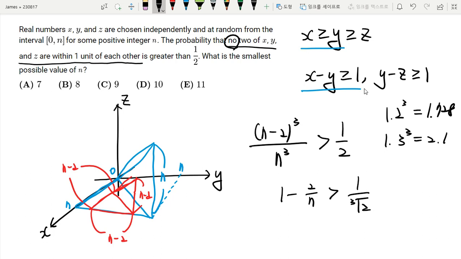So this cube root of 2 is between 1.2 and 1.3. So let's estimate cube root of 2 is 1.25.